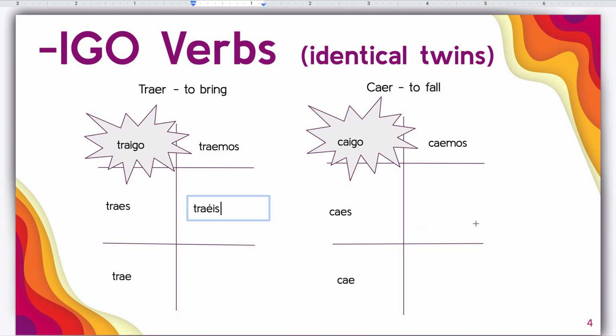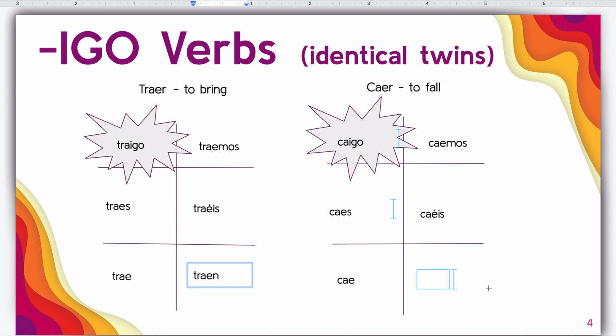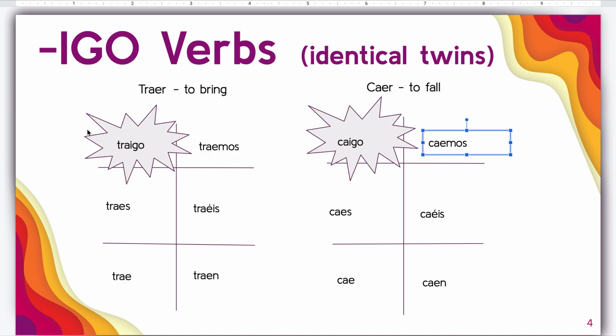And then vosotros of caer is going to be caéis. And then ustedes is going to be traen. And then ustedes of caer is going to be exactly like traen, caen. Okay, so there are your IGO verbs, identical twins because they look exactly like each other.